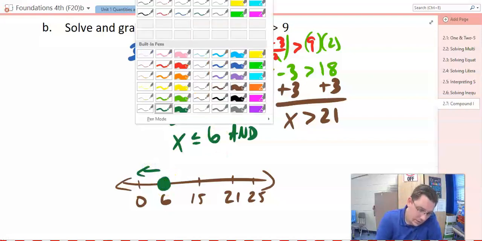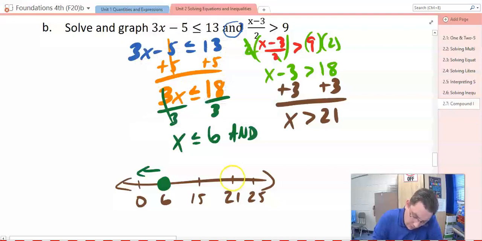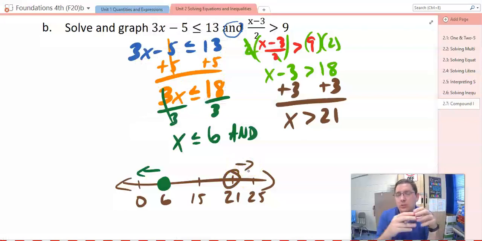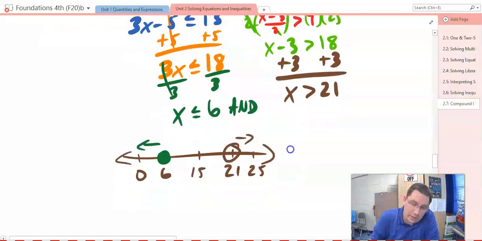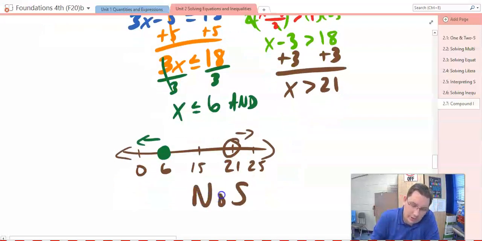Okay? And then my second piece, it's a circle at 21 and shaded towards the right, because 25 is greater than 21. Okay? So in this case, it's an and problem, right? So is there an overlap? No. So in the end, there is what?